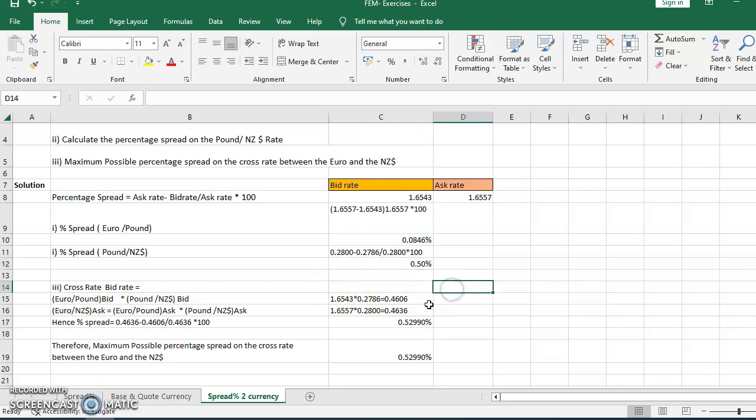Now, how do I take this? This is how we take the cross rate. This is the cross rate we are finding for euro over New Zealand dollar.